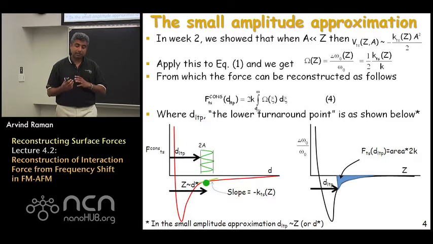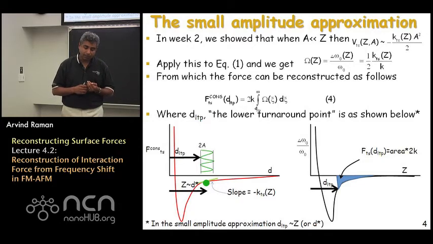As a result, since k_ts is nothing but the derivative of the interaction force, we can invert this in the form of an integral as shown in equation 4, so that the tip-sample interaction force is given by 2k times the integral from the gap of interest to infinity of the relative frequency shift with respect to d psi in this case.